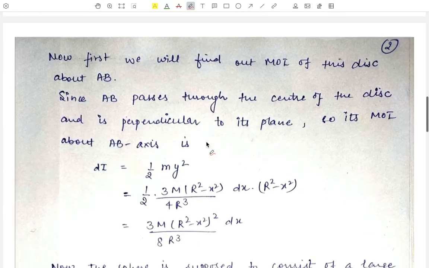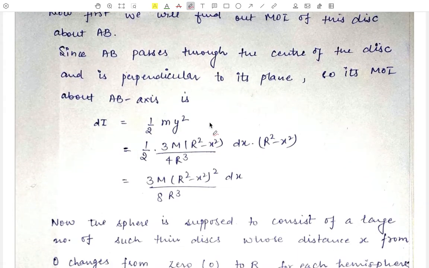Now, we already know that the moment of inertia of a disk about an axis passing through its center and perpendicular to its plane is given by half of mass into square of the radius.